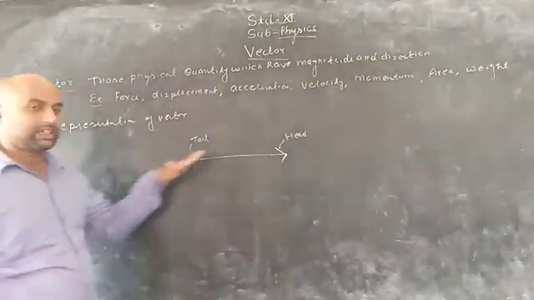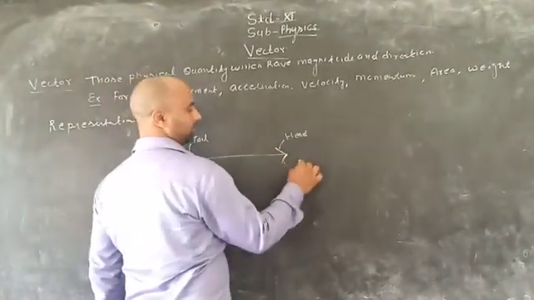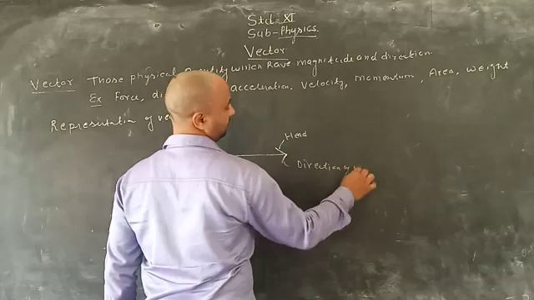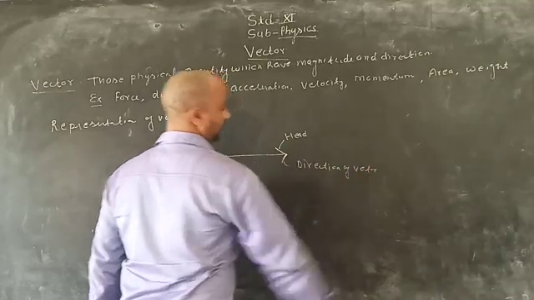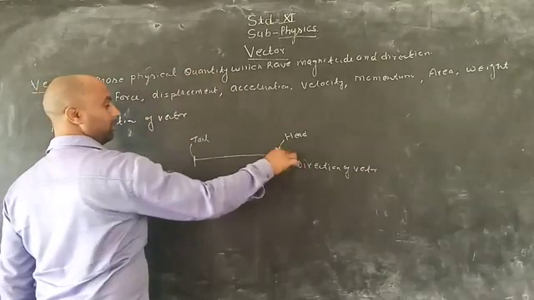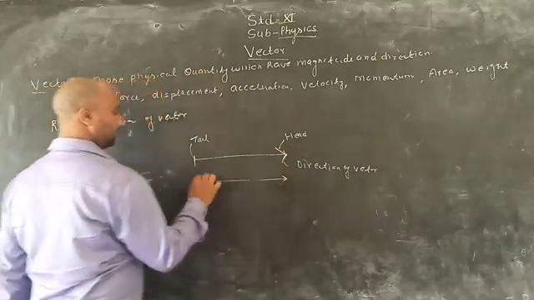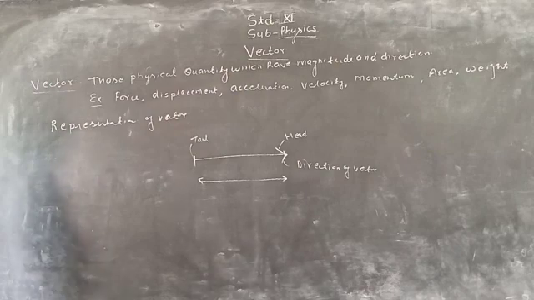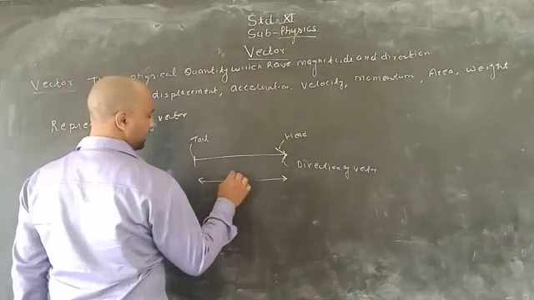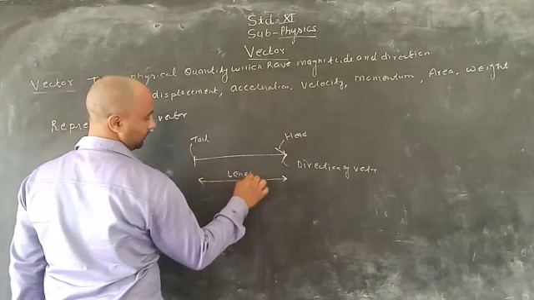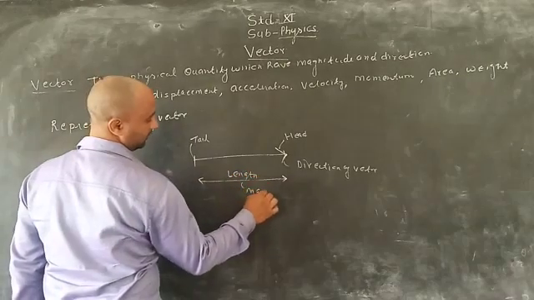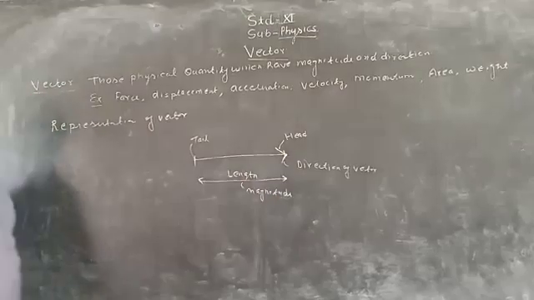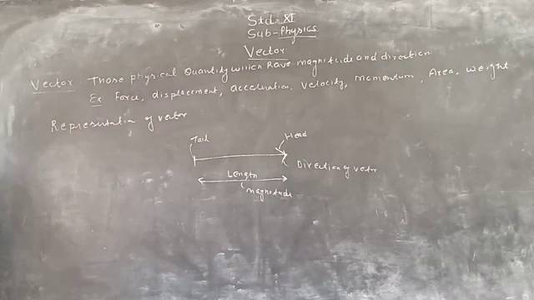And this represents the direction of the vector. And the length of the arrow is the actual length, and this length is called magnitude. Length represents the magnitude of the vector.